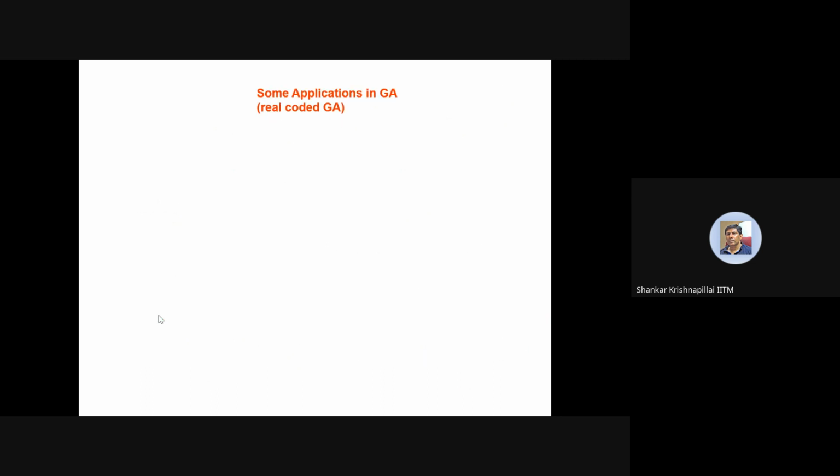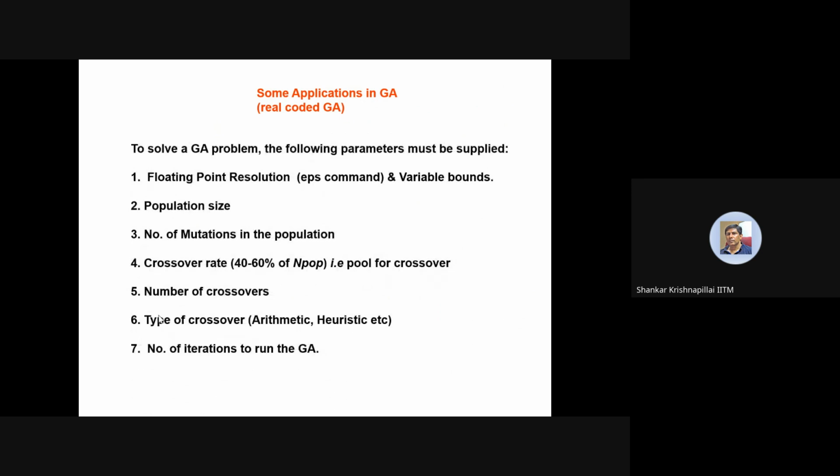Okay, that's some applications of genetic algorithm. Some worked out examples are there.